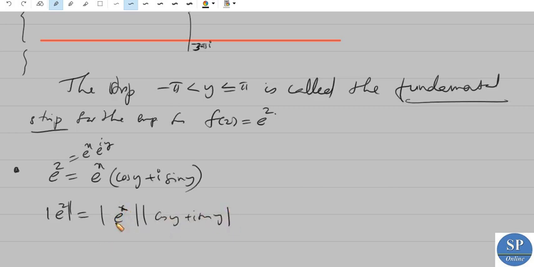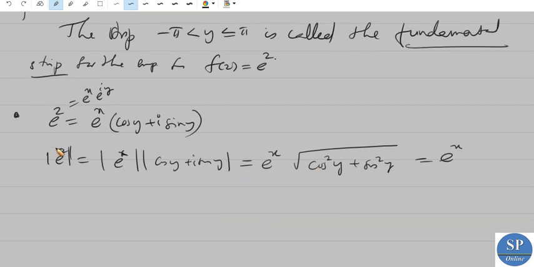We know e power x is a positive real number for any x, so the modulus of e power x is nothing but e power x itself, and it is a complex number cos y plus I sin y, so the modulus of this is nothing but square root of cos square y plus sin square y. So we have this is 1, cos square y plus sin square y is 1, so this is equal to e power x. So we have the modulus of the complex number or complex function e power z, exponential function z is nothing but e power x.